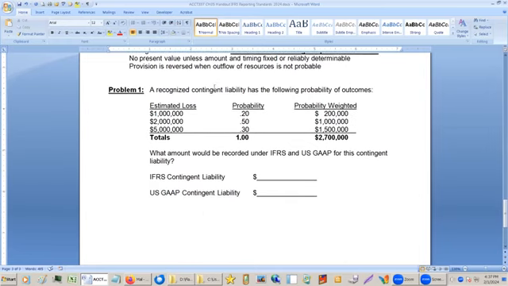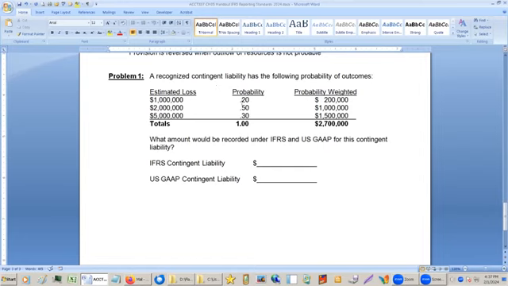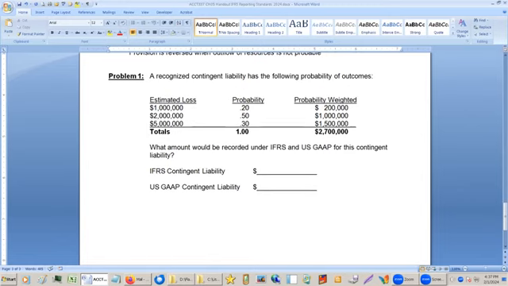Okay, so let's see a problem here. So we have this range of losses. So this is the range. Whatever this is, a lawsuit of some sort.